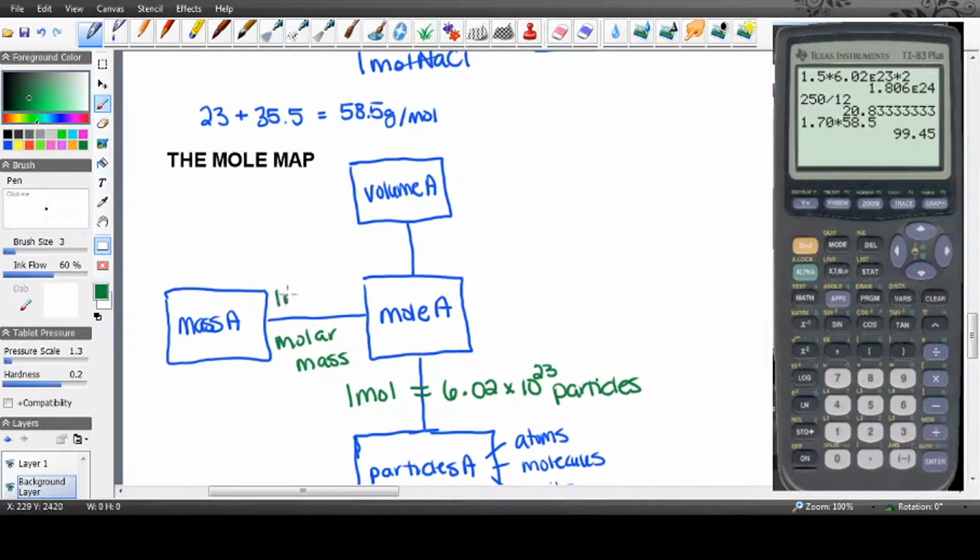So 1 mole equals some number of grams. And again, that number of grams can vary depending on what the substance is. So it's not a set conversion factor like Avogadro's number, which stays the same. It's some number of grams. And this number you're going to find on the periodic table.